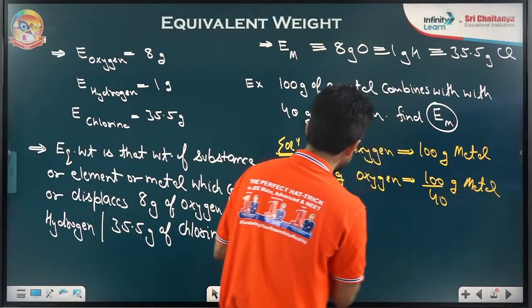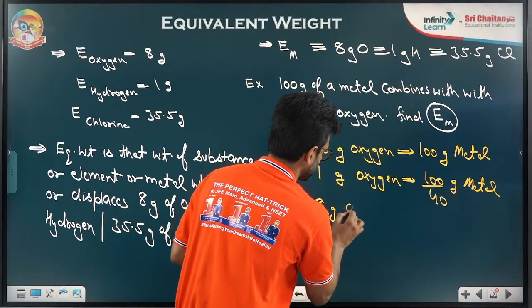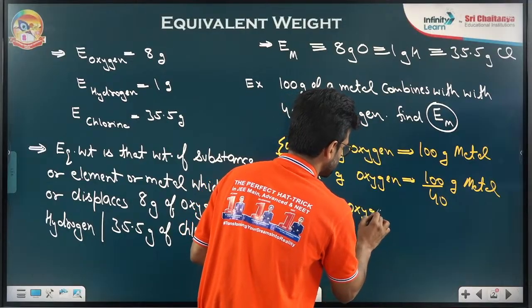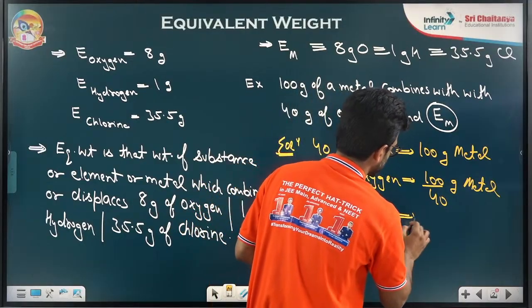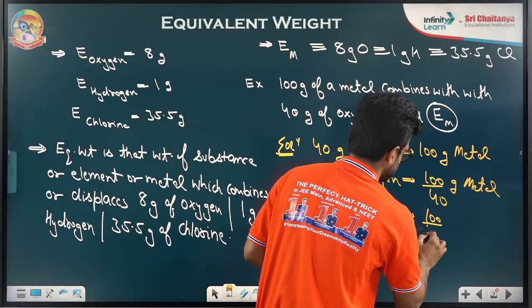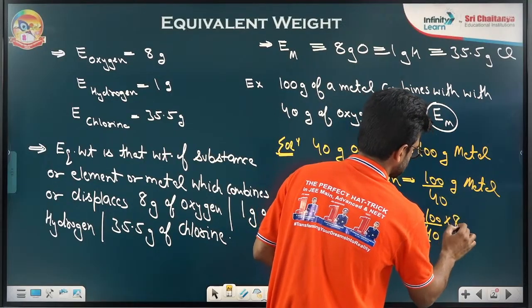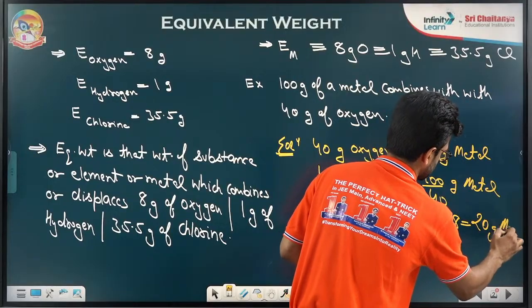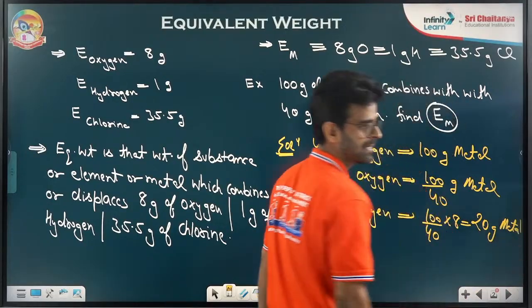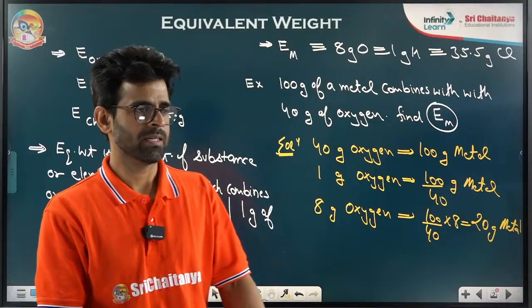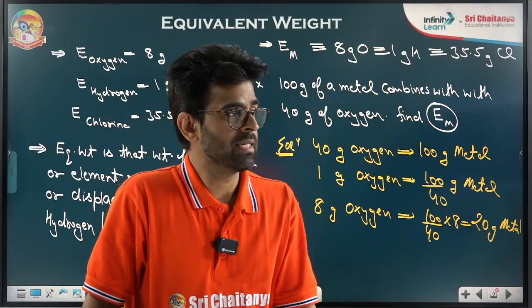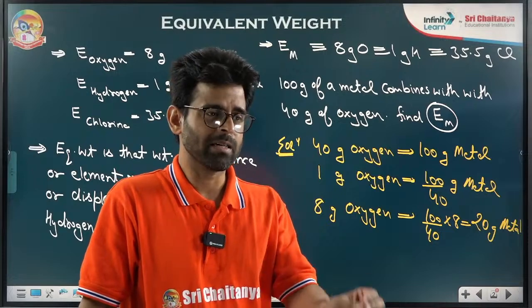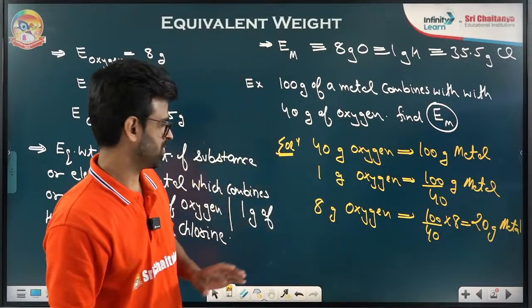Similarly, 8 gram oxygen will combine with how much? 100 by 40 into 8. If you solve this, what is coming? 20 gram metal. So very simple. Apply the unitary method, get the answer.